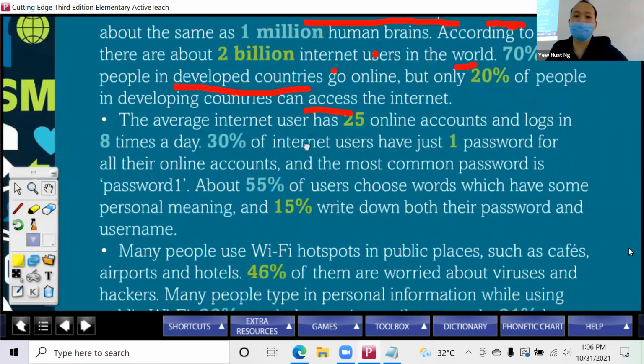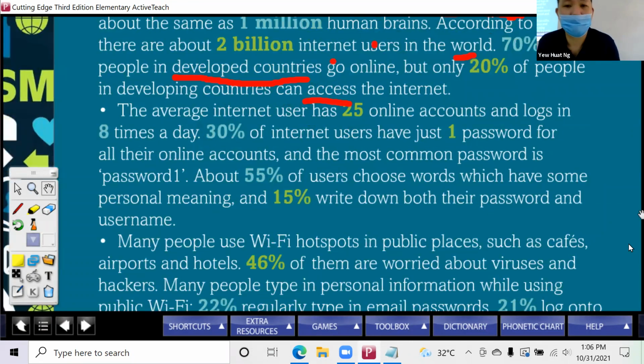Jiahe, the average. Go. Of internet users have just one password on them. Most common password is personal one.